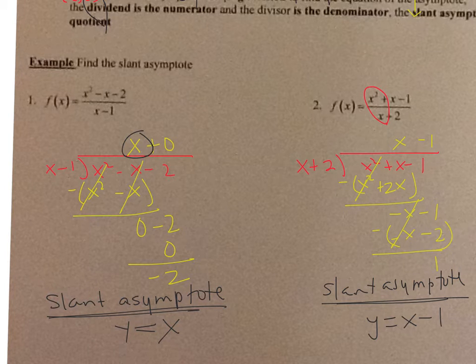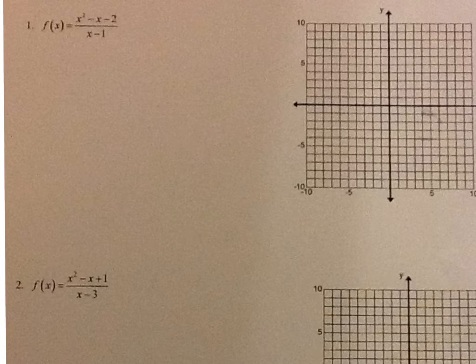Okay, so now we want to graph with these. So let's flip it over. Now let's graph with our vertical asymptotes, horizontal asymptotes, and slant asymptotes. Just like everything before, we want to find our y-intercept. I'm going to go through that quickly. We should be pretty good at that. Our y-intercept is (0, 2).